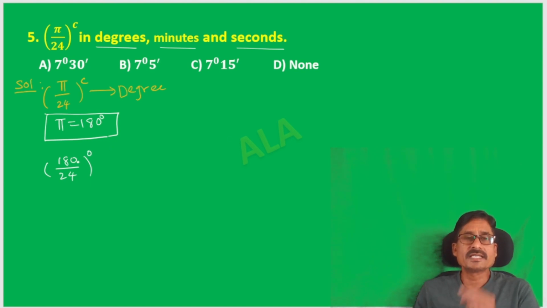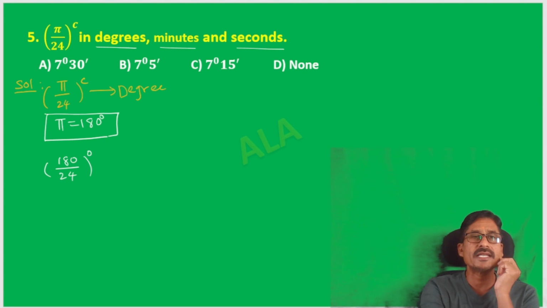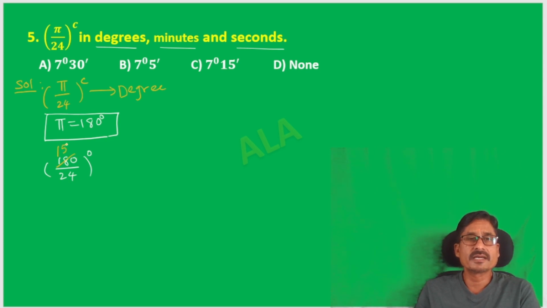Now cancellation possibilities are there. Do the cancellation. So with the 12 it is possible. 12 ones are 12. Now 18 minus 12 means 6, 60. 12 5s are 60, and 12 2s are 24.